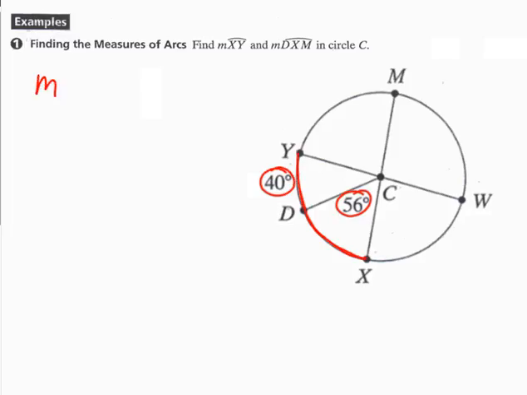So the measure of arc XY, that's how we write it. The measure of arc XY equals 40 plus 56, and that's going to be 96 degrees.